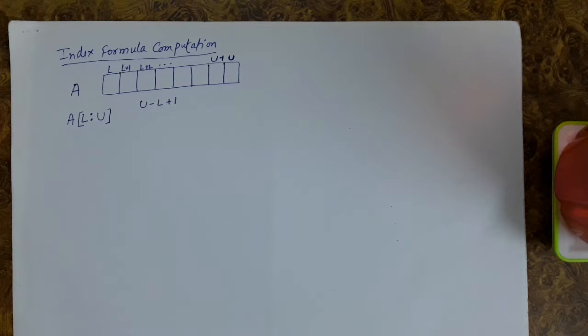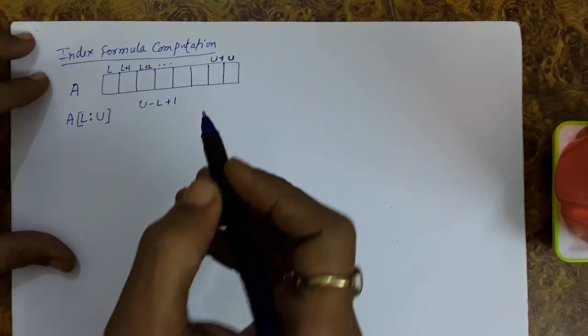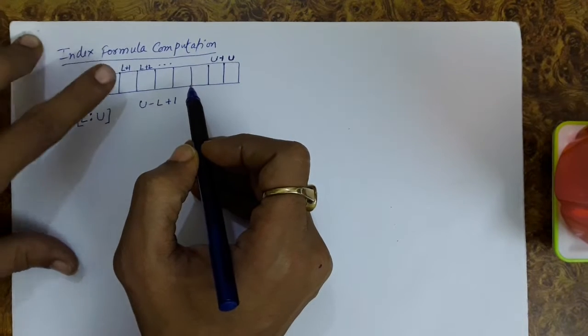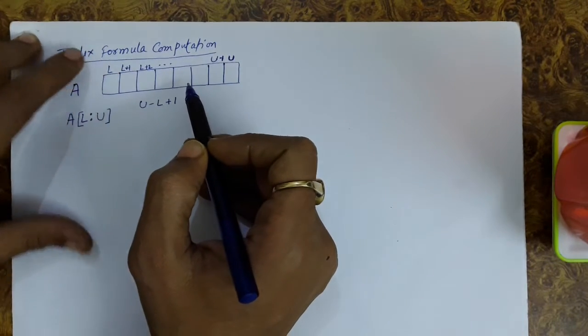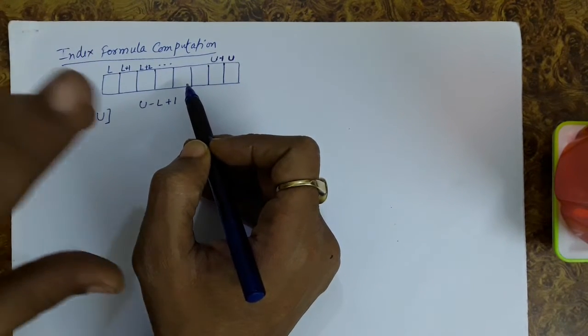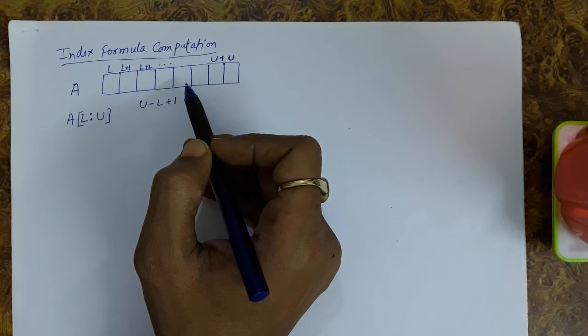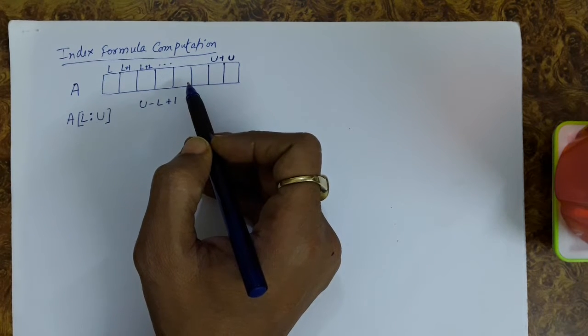Why is it so? Why have we taken it as U minus L plus 1? If you start counting numbers from 1 to 10, then the number of elements will be 10.